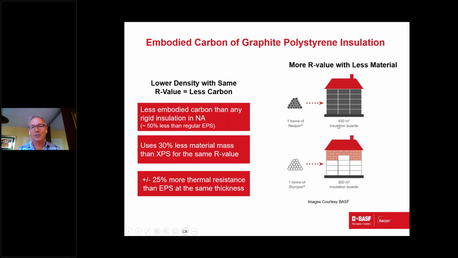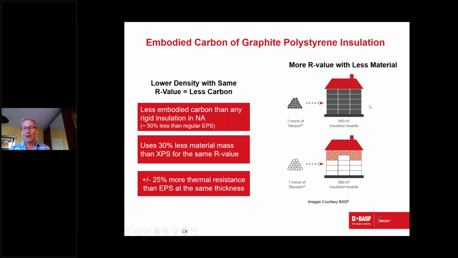So in this example, you see the little house here, and 1 ton of graphite enhanced polystyrene, in this case Neopor from BASF, can actually give you 450 square meters of insulation on the side of the house or the building at the same R value as if you use a ton of the white EPS foam that's not graphite enhanced. So you'd only be able to get, say, 300 square meters, and that square meter is about a square yard, or 10 square feet. So you don't quite finish the building if you chose to use the white stuff as opposed to the gray stuff. And so the concept that we're trying to say here is if you can do the job with less material, it's more sustainable.